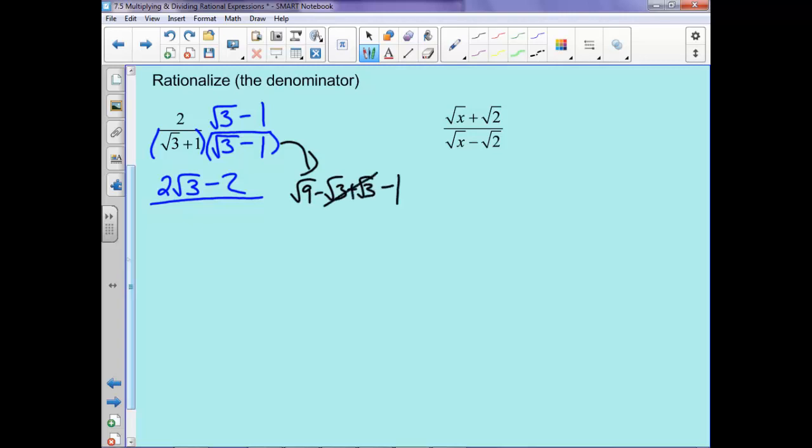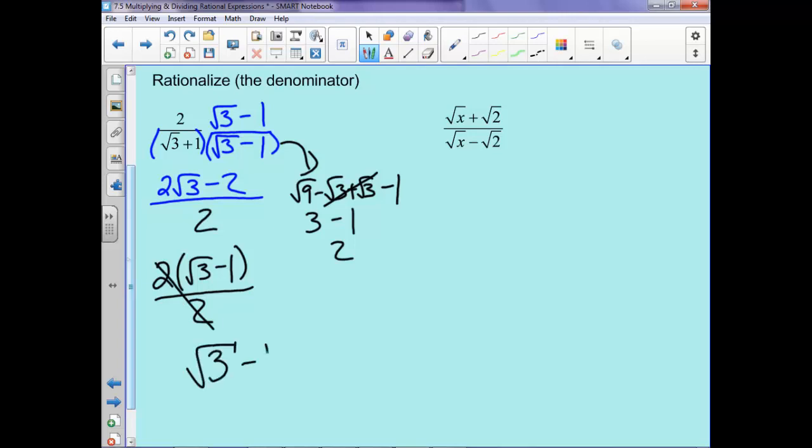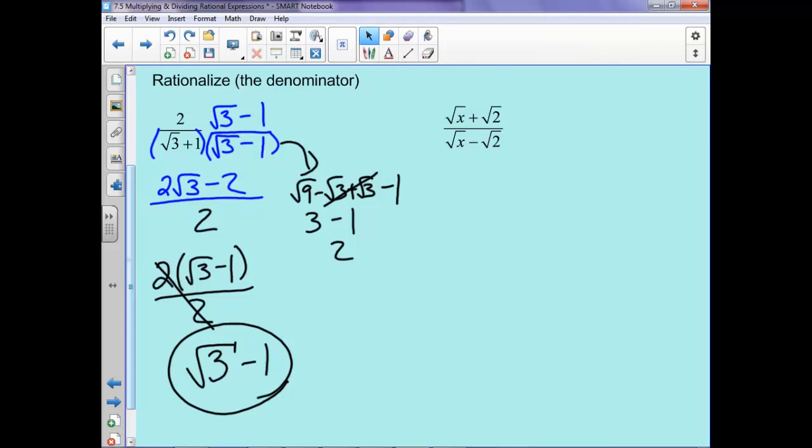So these cancel. Root 9 is 3 minus 1 all over 2. Now notice we can factor 2 out of our numerator. These 2's will cancel. We're left with root 3 minus 1.